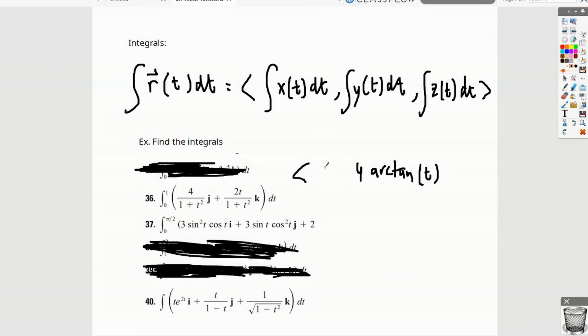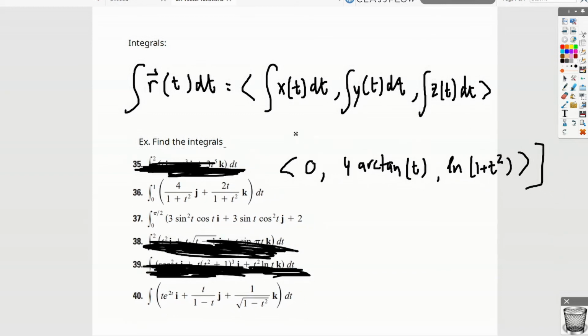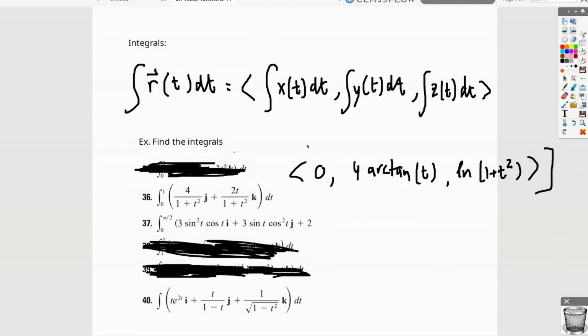So we're just going to say 4 arctan t, and then 2t over 1 plus t squared is natural log of 1 plus t squared, evaluated from 0 to 1. I need to cross those out because I didn't want it to do all the questions, since that's going to take a really long time, and you should already know how to do this.